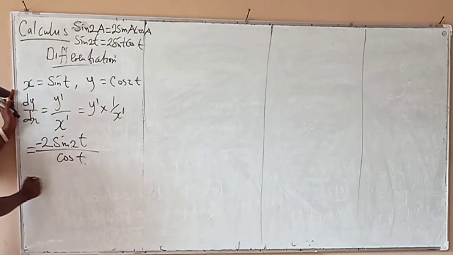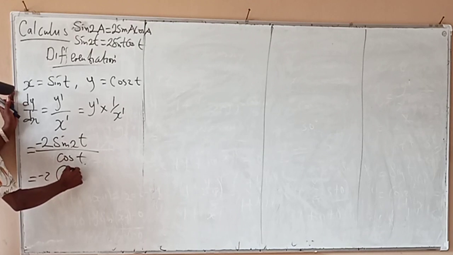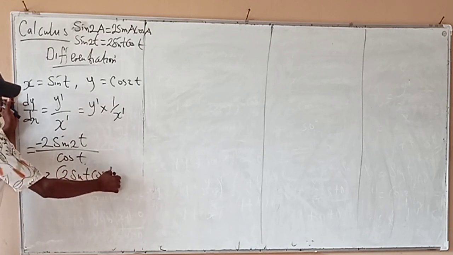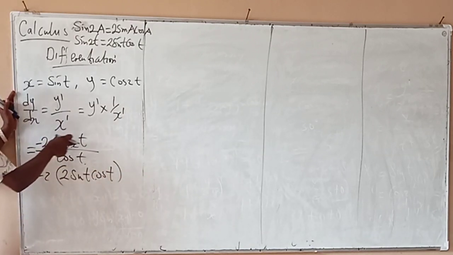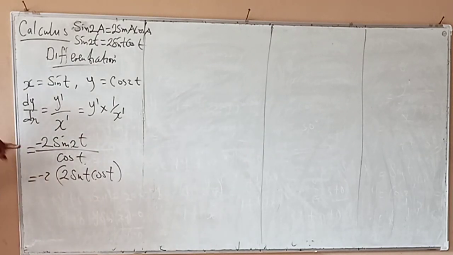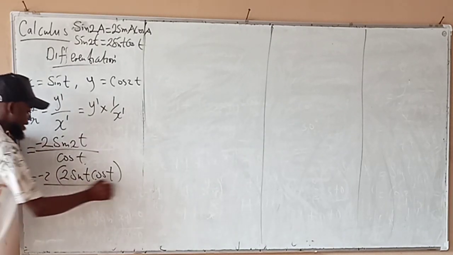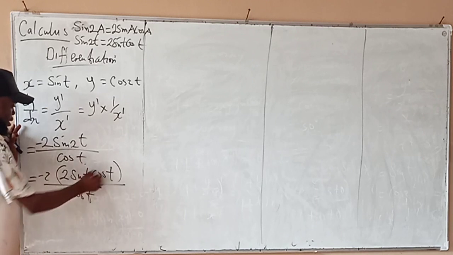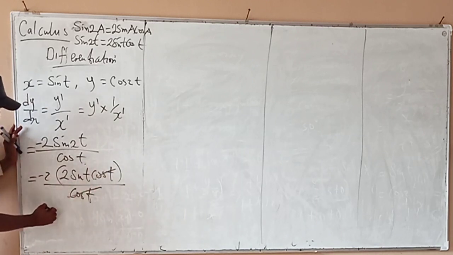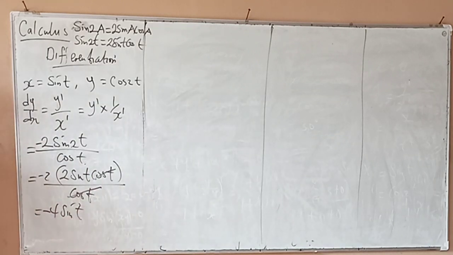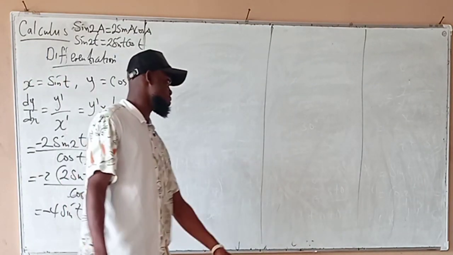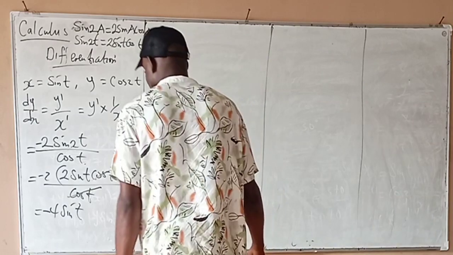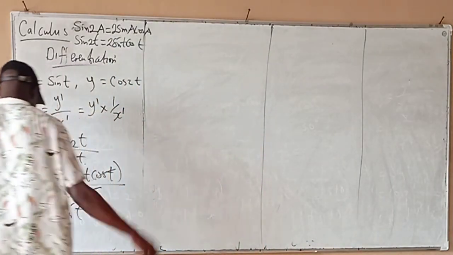Then divided by cos t, this one will cancel this. And multiplying the remaining terms, I'm going to have minus 4 sine t. That's what we are going to have.